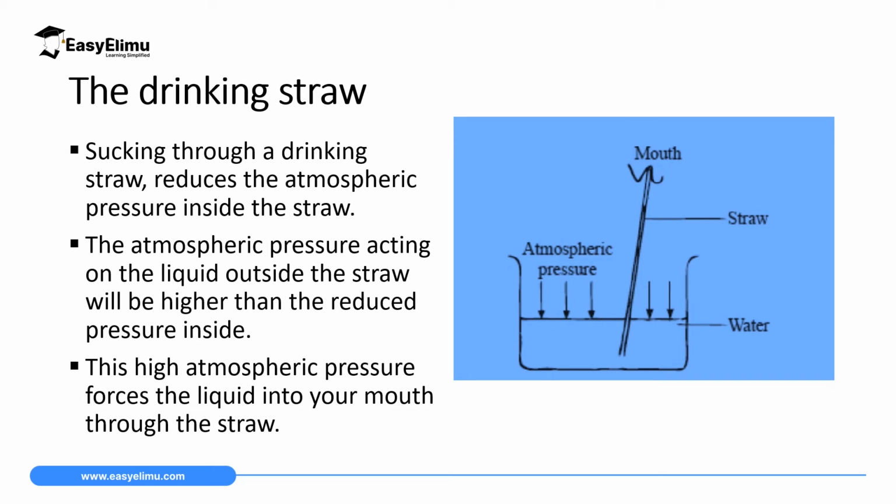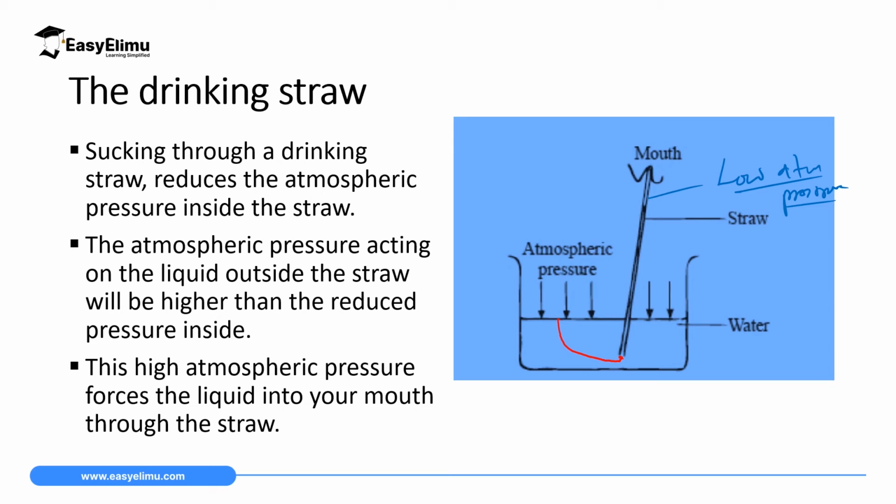So here we will have low pressure, and outside we have high atmospheric pressure because we have not sucked the air there. In this case, it will force the liquid to go inside the straw to occupy the space which has been left by the air which has been sucked.